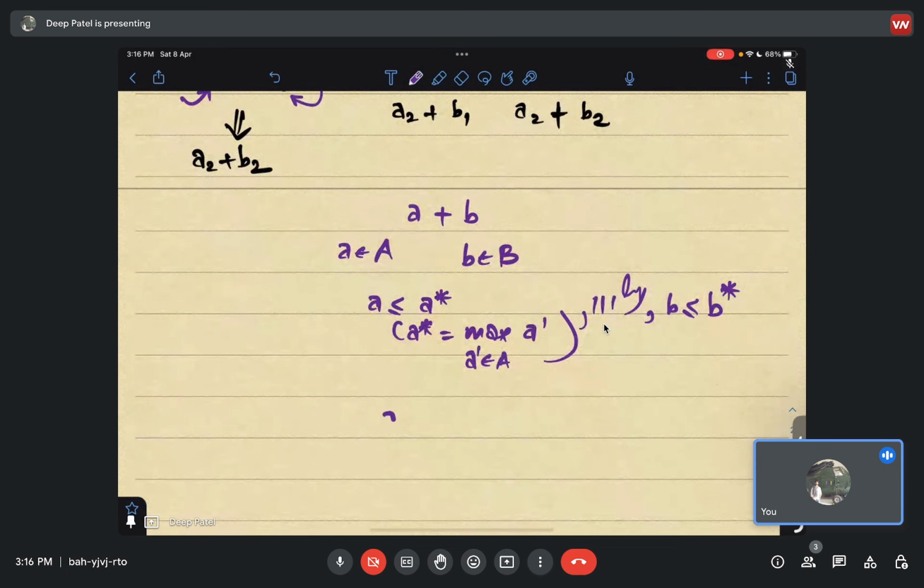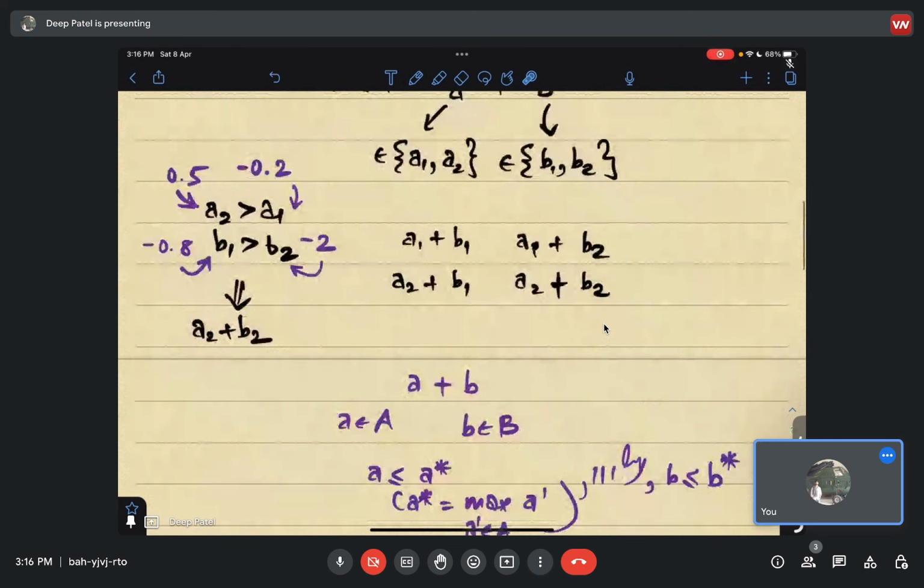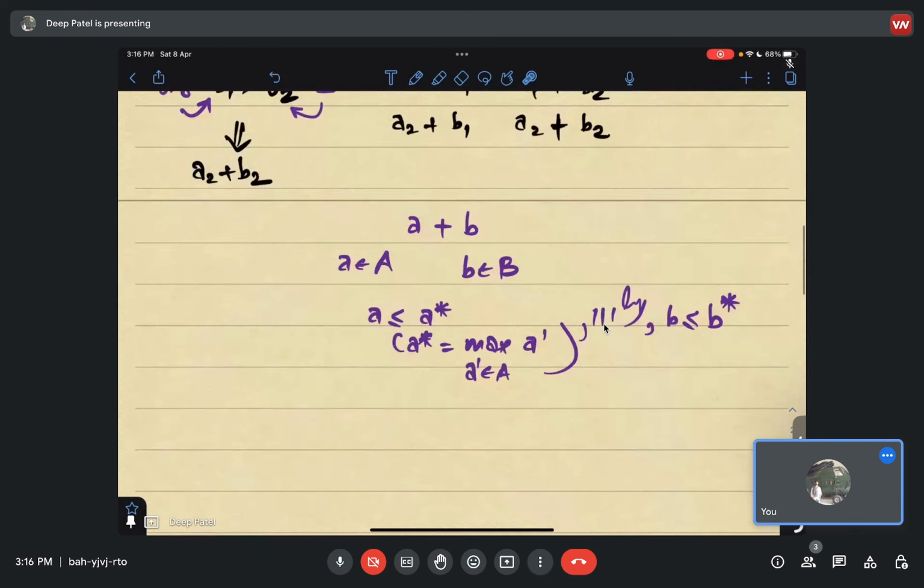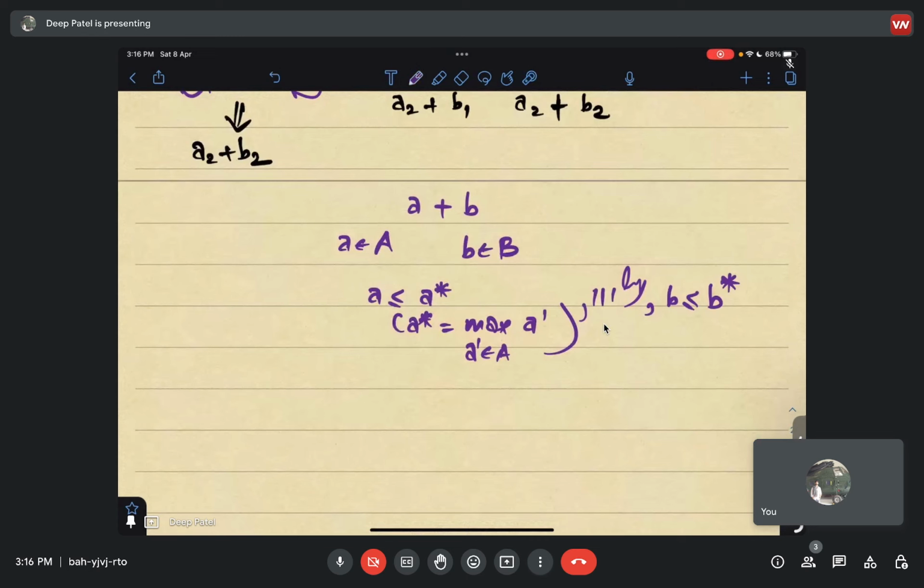If I know this for a fact, this is true, right? By definition, I have a bunch of elements, I took the maximum, and a is less than or equal to this element. Similarly b. So can I not write the sum as less than or equal to the sum of the maximums?